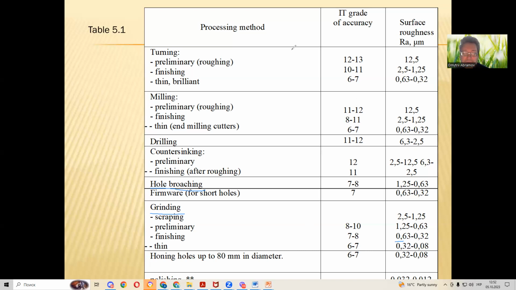Please write down to your notes these tables with parameters of surface after processing with different processing methods.